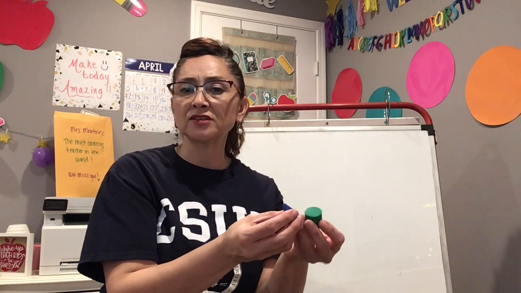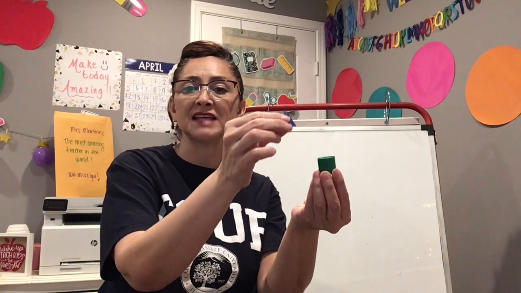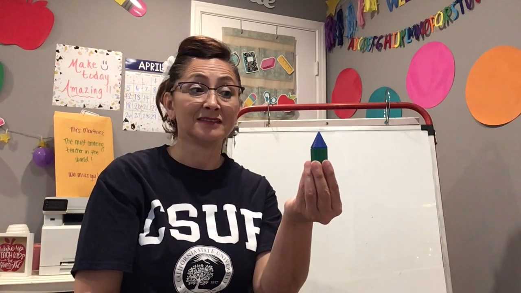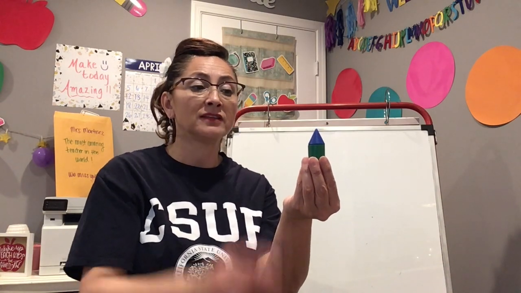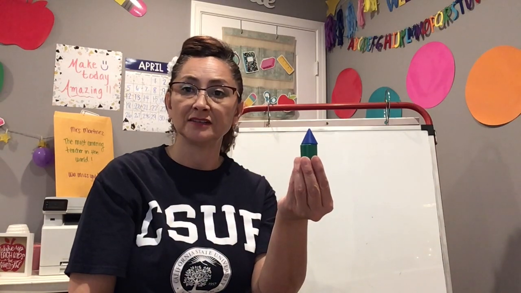Now, let me ask you another question. Can a cone stack on a cylinder? Yes, that's right, it can. How do you know that a cone can stack on a cylinder?